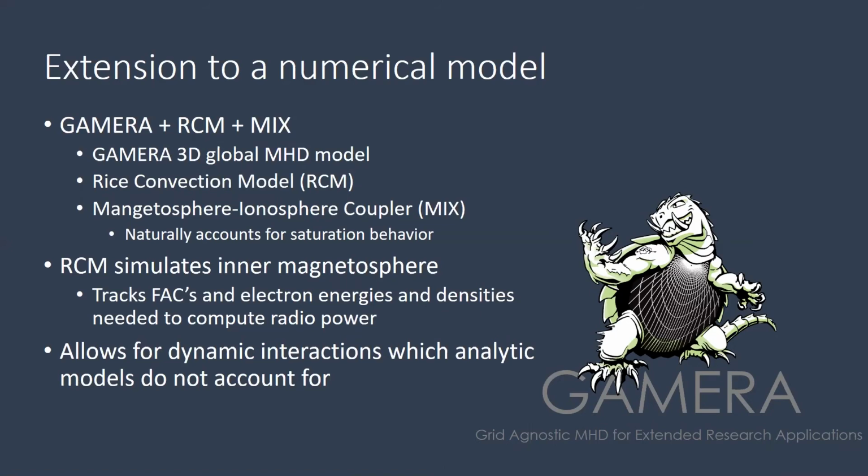And then what we're interested in for backing out the radio power is the Rice Convection Model, which simulates the inner magnetosphere, and tracks the field aligned currents as well as the electron energies and densities, which is what you need to compute the radio power you expect from your field aligned current strengths.